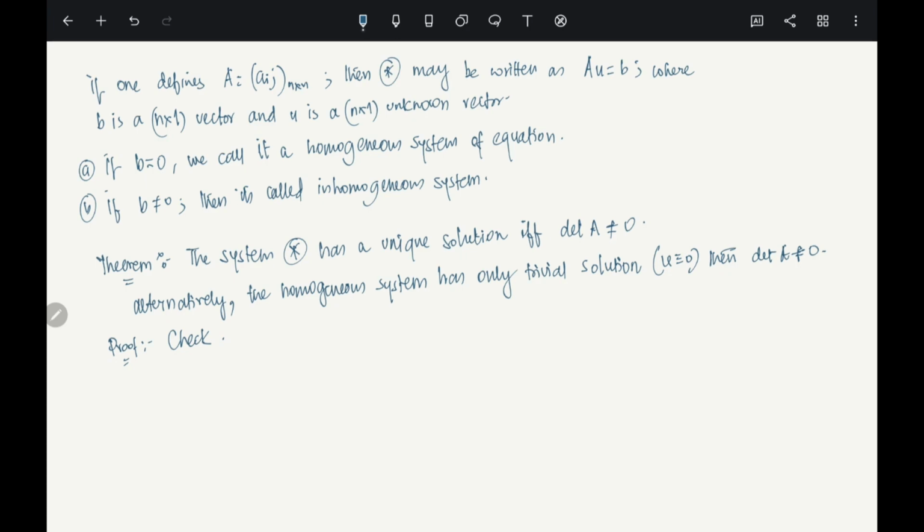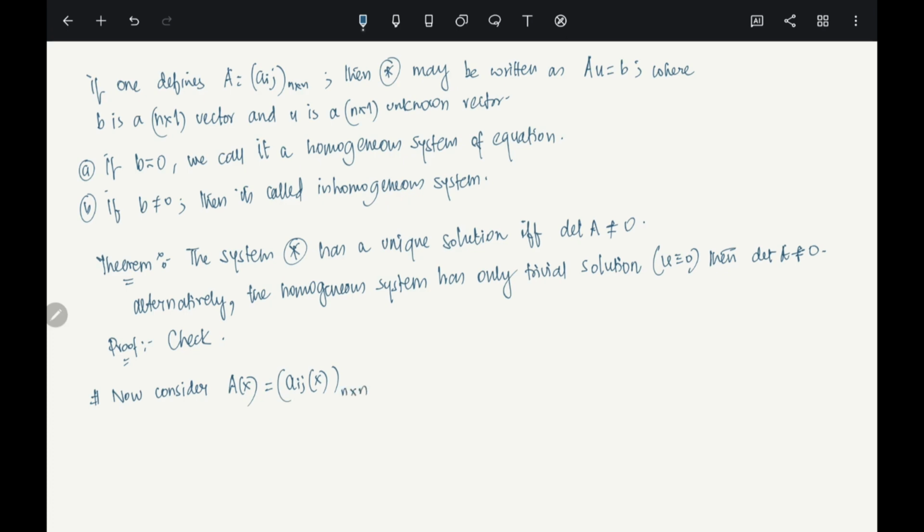Now let's look at a small property of determinants which you are going to need. Consider A of x. So I am writing a matrix A which depends on a variable x, and this matrix is given by a_ij of x.